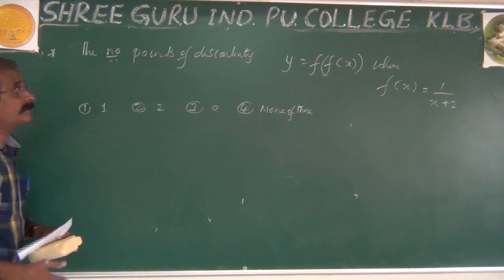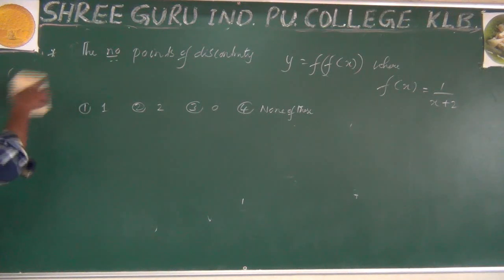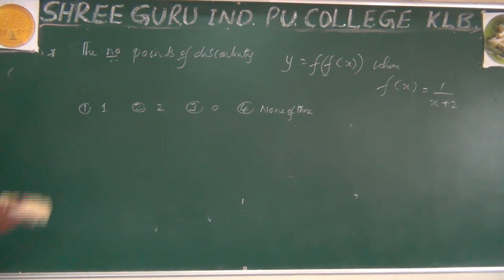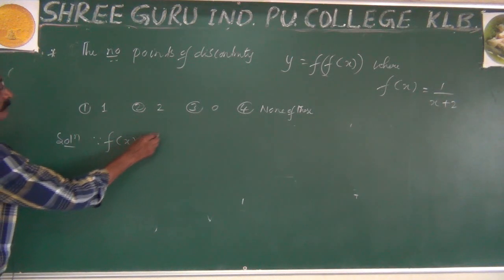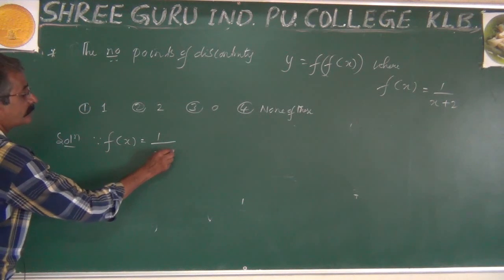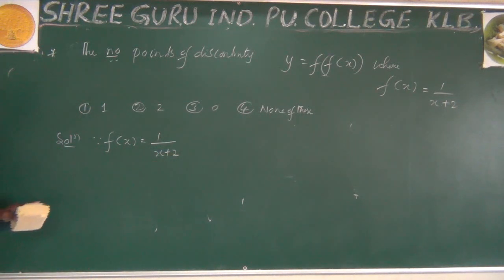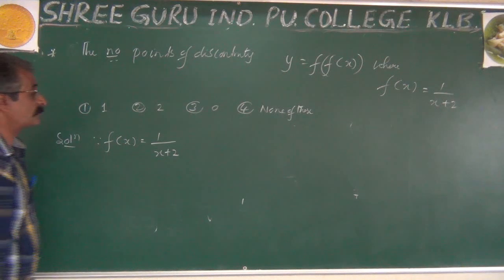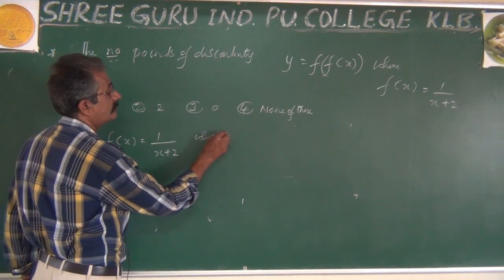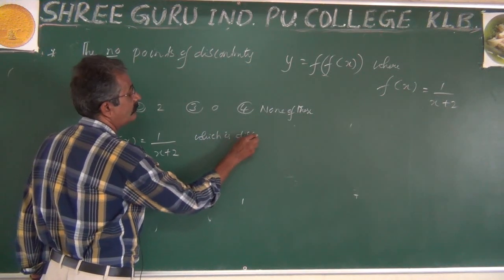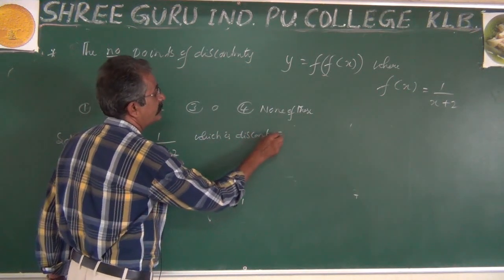What question is there? Number of points. If only points were asked, you must find those points whichever you get. So let's get those points. Since f(x) is 1 by x plus 2, it is very clearly discontinuous at x equal to minus 2, not continuous at x equal to minus 2.